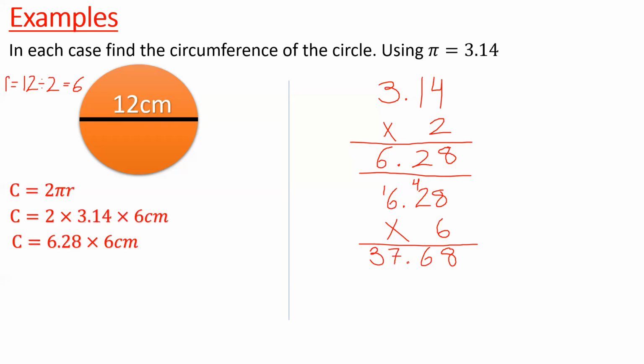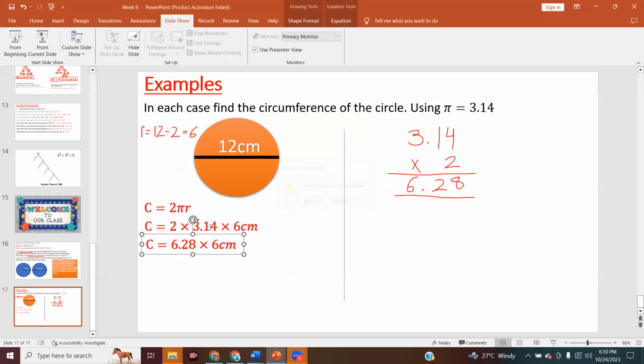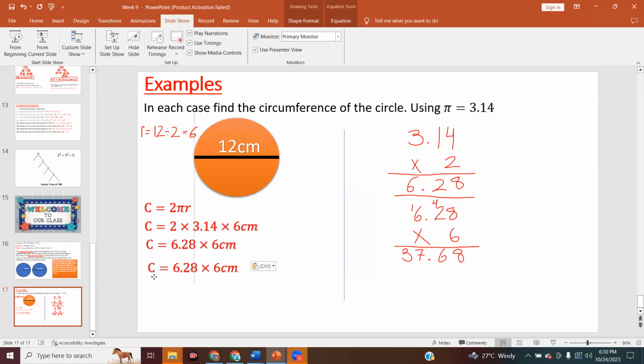Good. So the answer here, therefore, is 37.68. Good. By the way, any questions on how we got 37.68?